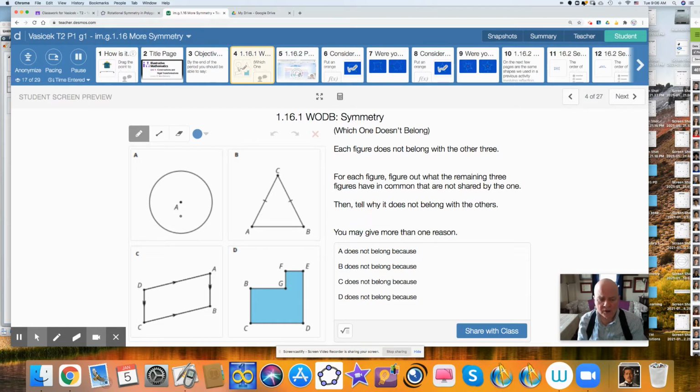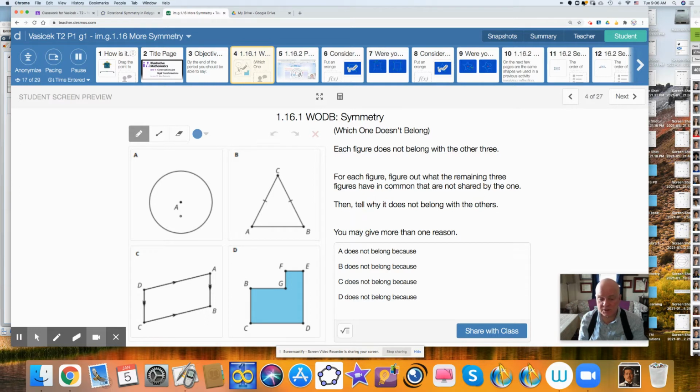On C, for instance, it has arrow markings. None of the others have arrow markings. On B, it has tick marks, and none of the other figures have tick marks. D is the only one that's shaded in. Also, B has only one line of reflection symmetry, whereas A has infinite lines of reflection symmetry.